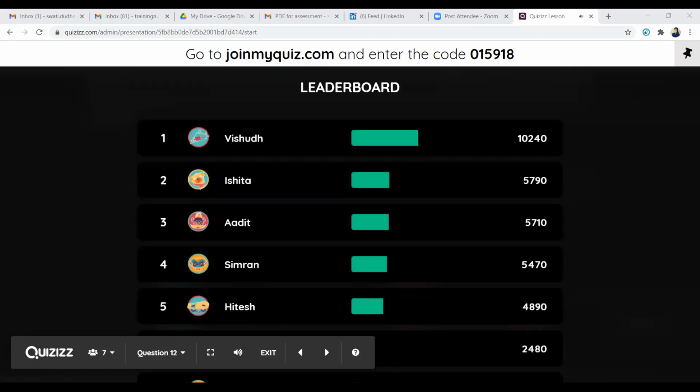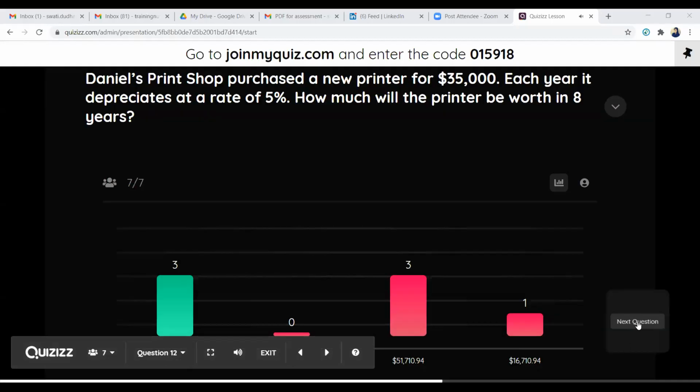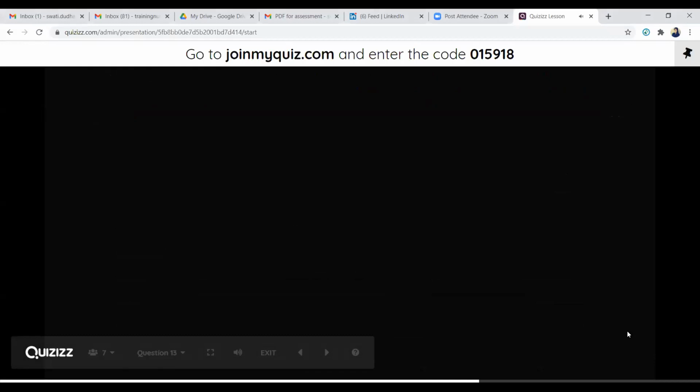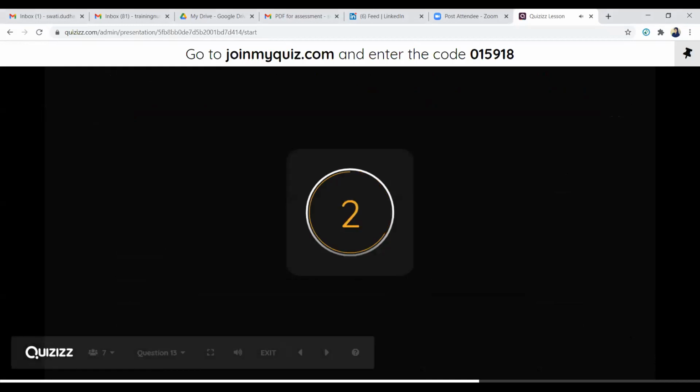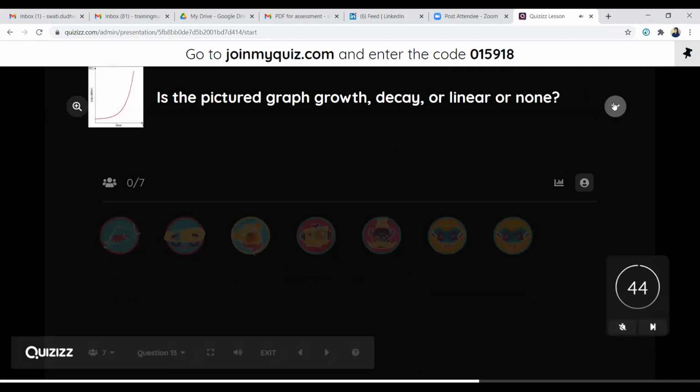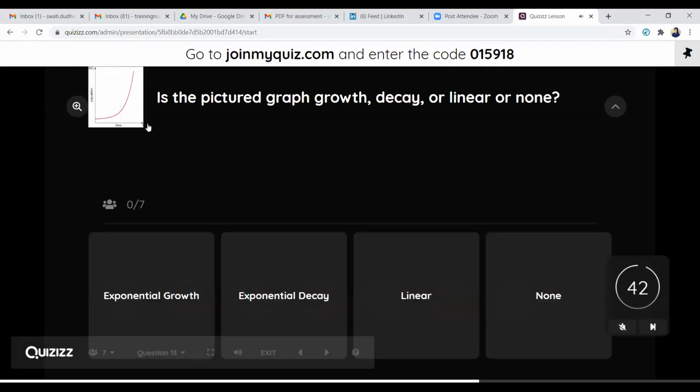So the correct answer for that question is option 1. Is the pictured graph growth, decay, or linear or none?